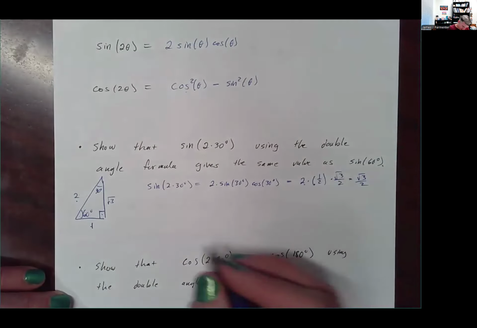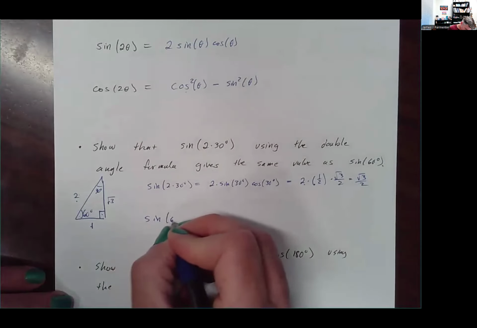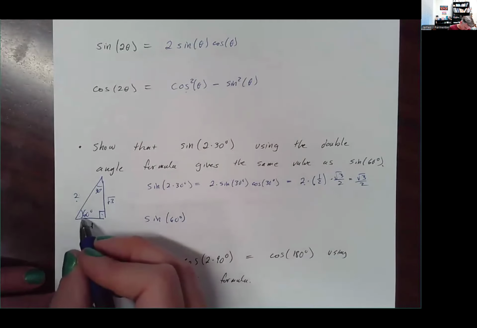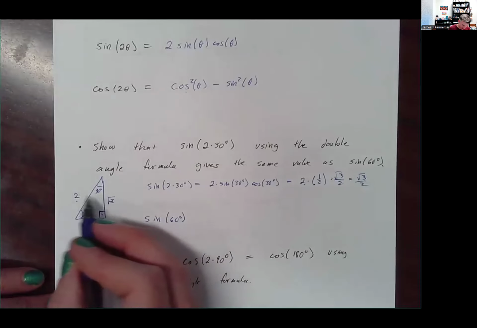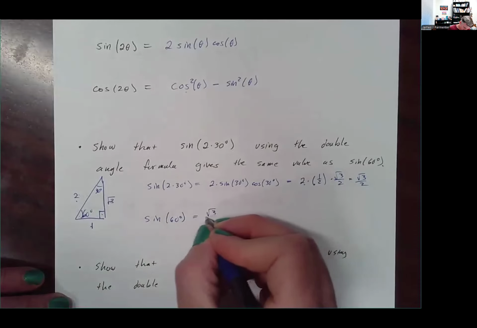On the other hand, if I just look at sine of 60 degrees the more normal way, 60 degrees is right there. Sine is opposite over hypotenuse, which is root 3 over 2. So they match.